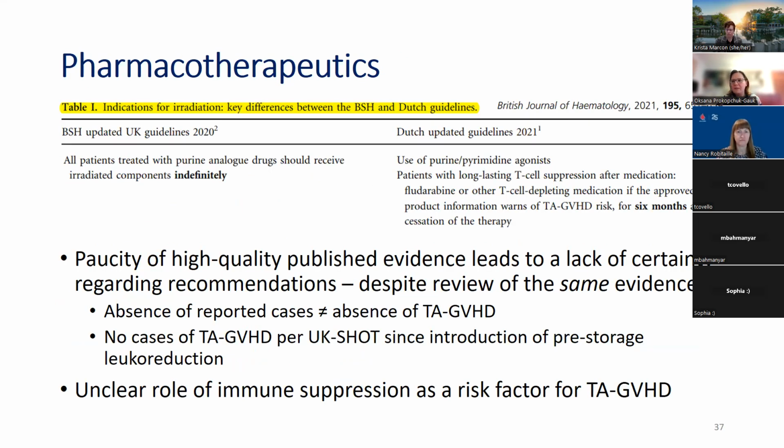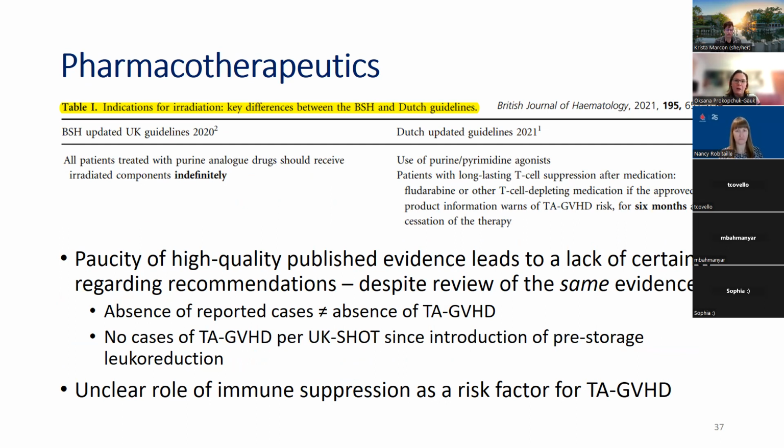Similarly, there are some differences within the recommendations as they relate to purine analogs. The British suggest that anybody who gets purine analogs should get irradiated blood indefinitely, whereas in the Dutch guidelines, they recommend for a minimum of 6 months after cessation of therapy.